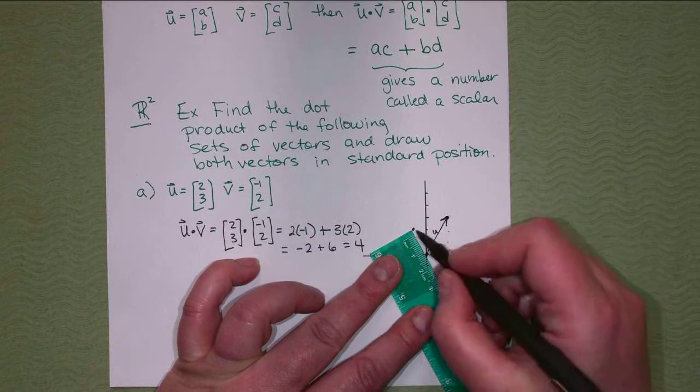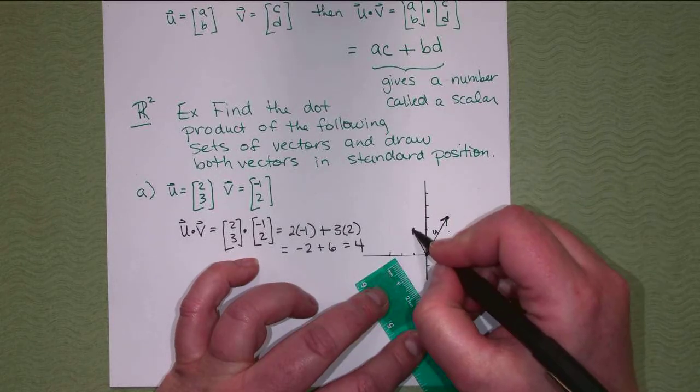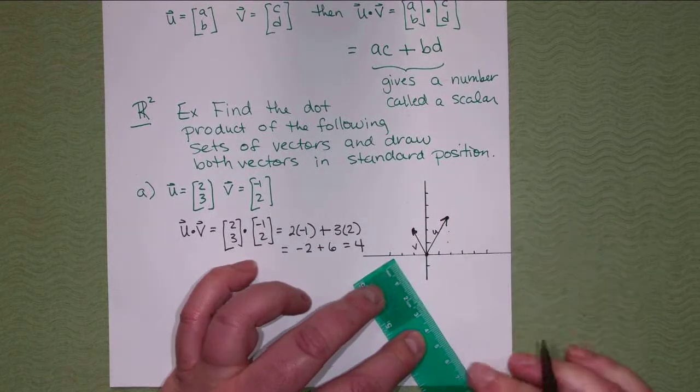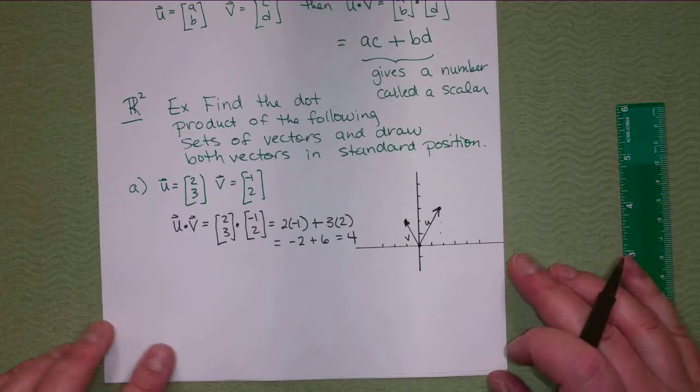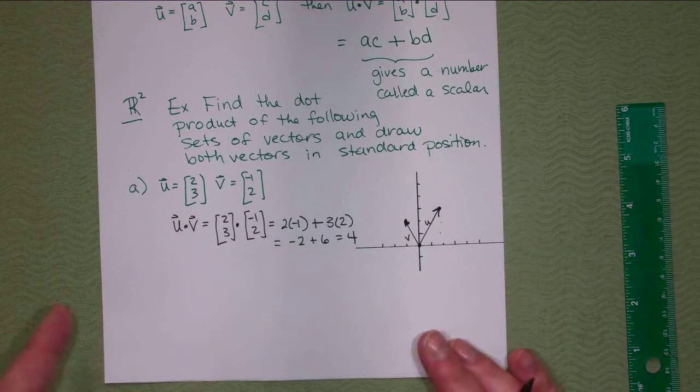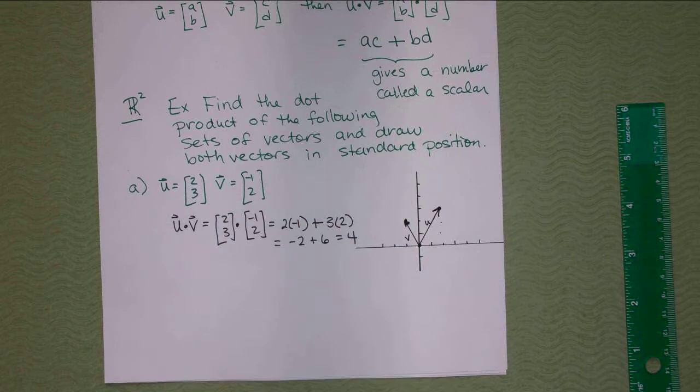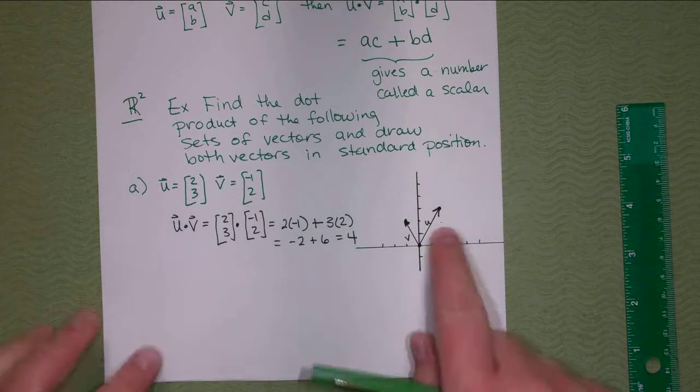Remember, don't draw it beyond the point because it has a length. So here's v, so they're not a line that you're connecting. Okay, so we'll just leave the picture and the answer for now until we see all 4 cases. Then you can tell me what the dot product means. So the dot product of this one was 4.